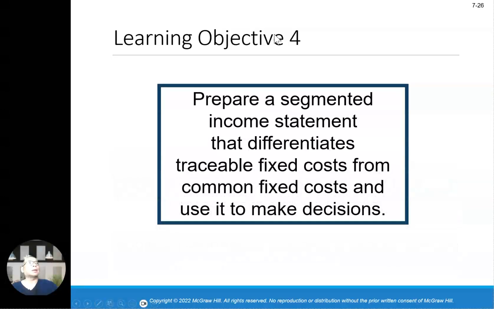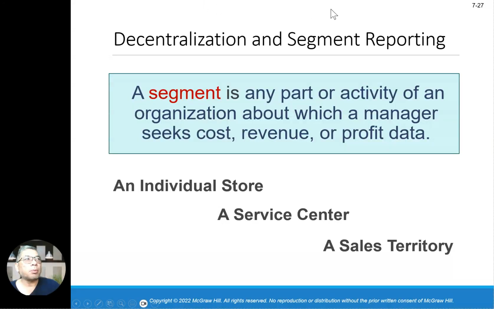In terms of learning objective number 4, you need to prepare the segmented income statement and differentiate traceable fixed costs from common fixed costs and use them to make decisions. A segment is any part of an organization about which managers seek cost, revenue, and profit data, such as an individual store, service center, and sales territory.